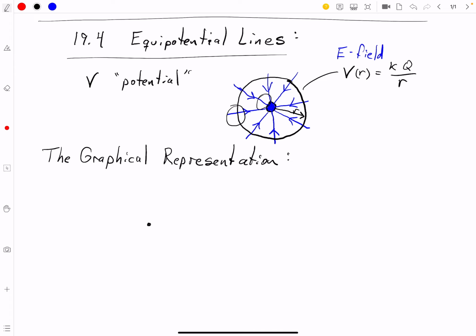So here's our charge. Here's our first line. Well, wait, the closer you get to it, the closer the lines are. And then the further you get away, I'm trying to do concentric ones. The further you get away, whoa, got out of control there.